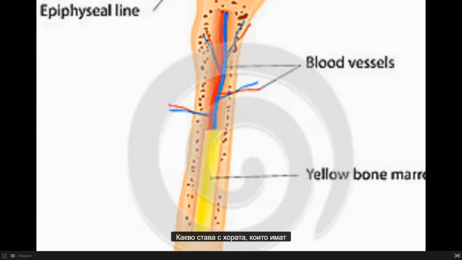People who have partial or full amputation of arms and legs, they still live, they still have a life, they still create red blood cells and white cells. Where do they get it from? The responsibility gets passed on to exactly the other bones in the body which do the same thing.